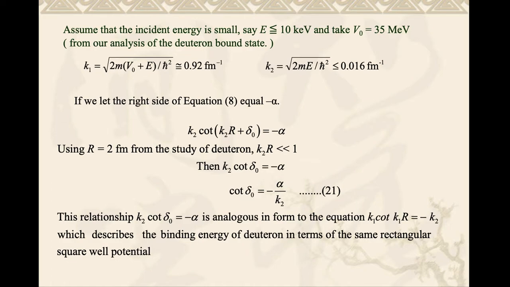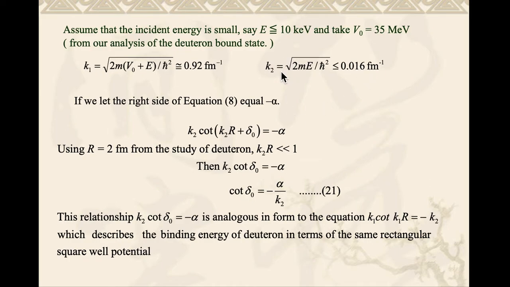And in scattering, that energy is taken as the energy of the incident nucleons. So if you substitute this V0 that we know from the deuteron problem, you will be getting the value of K1 as 0.92 femtometer inverse, or 1 by femtometer. And K2 can be, in place of that B, you have E, that will be very small, 0.16.